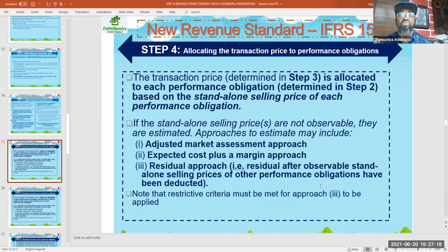The other one, which is the last one, where the first two may not be appropriate, is to use the residual approach. What you do in that regard is to say, out of the two performance obligations, there's a particular one I can easily assess independently what the observable standalone price is.